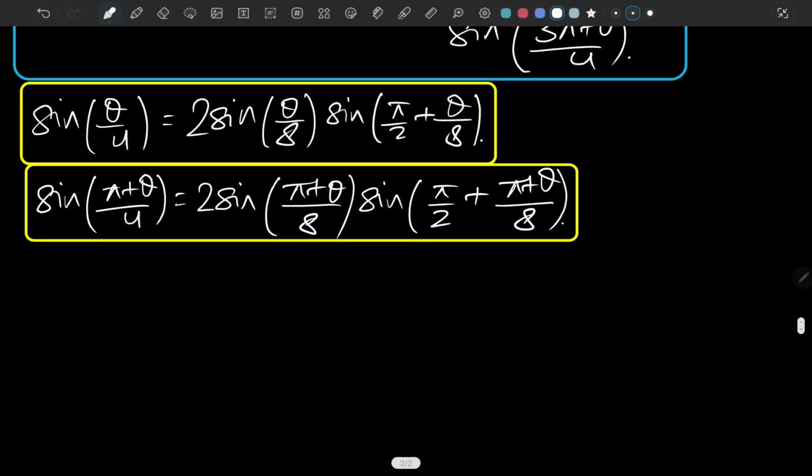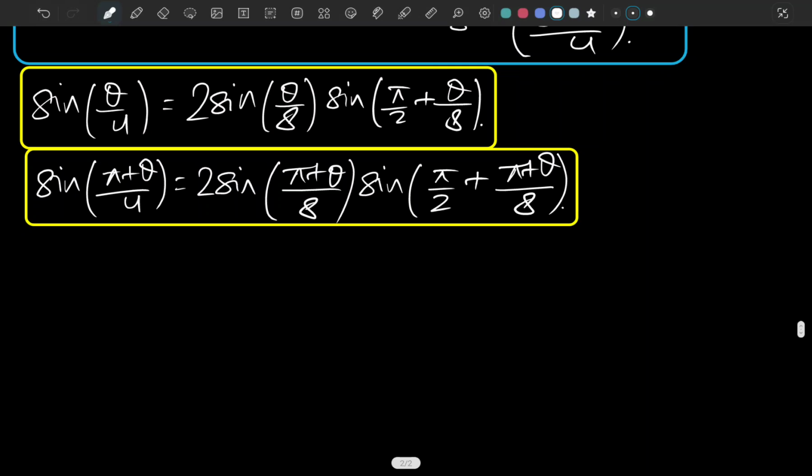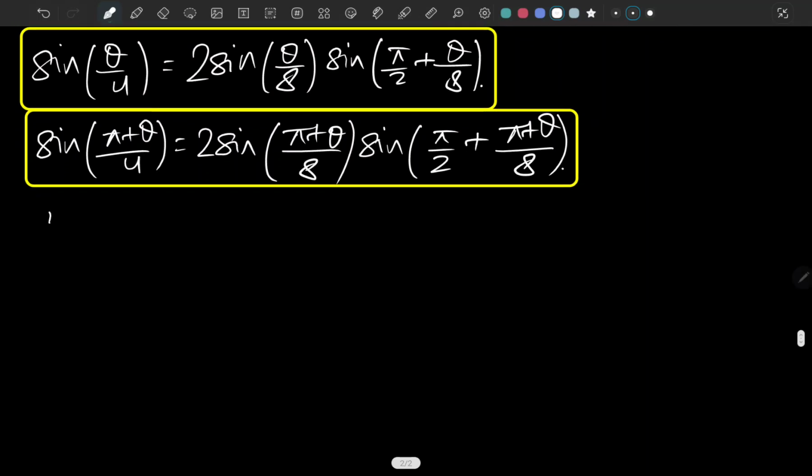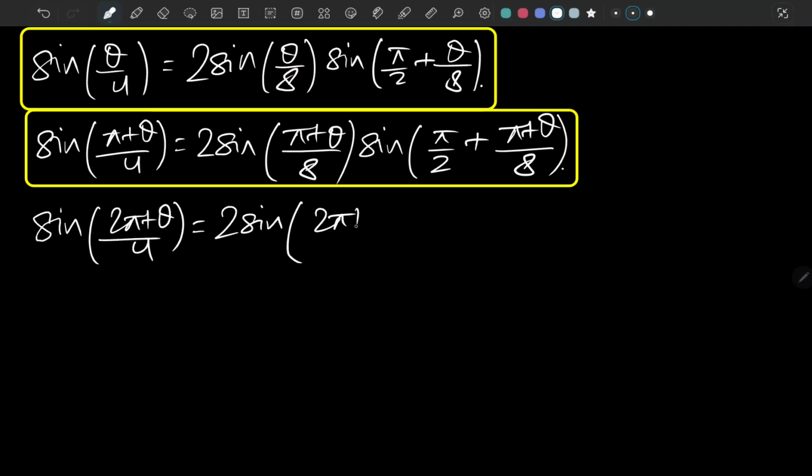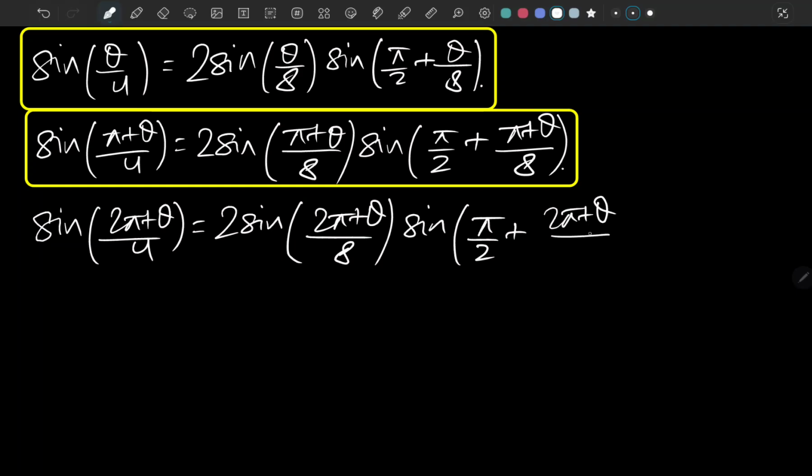Okay, so next, if we talk about sine of (2π + θ)/4, that is 2 sine of (2π + θ)/8 and then sine of π/2 + (2π + θ)/8.